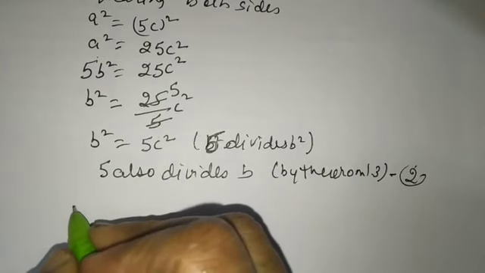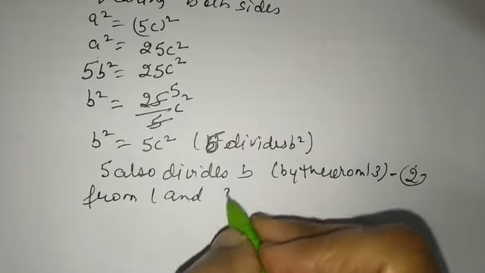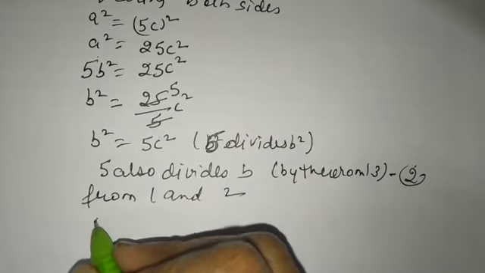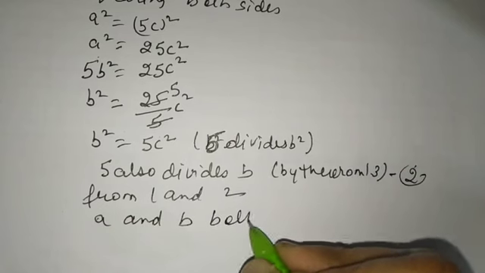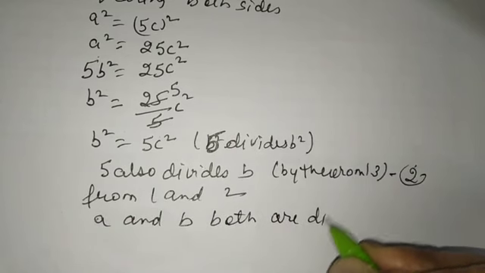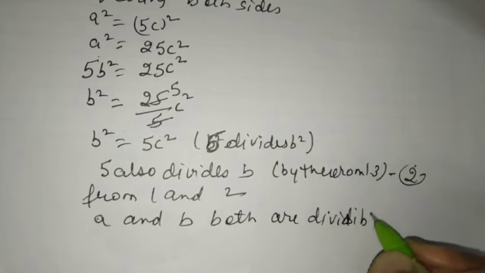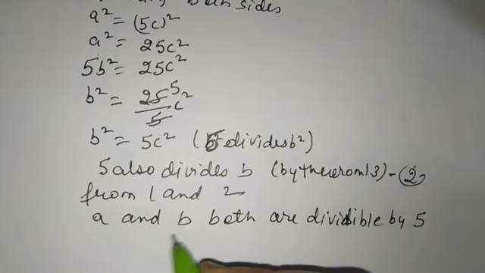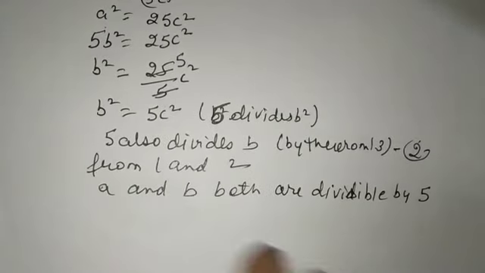So we write from 1 and 2, a and b both are divisible by 5 here. So now that means they have another factor other than 1, that is 5.